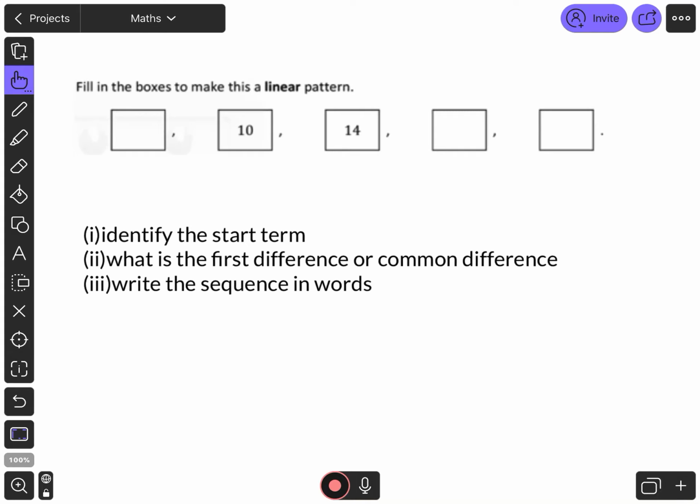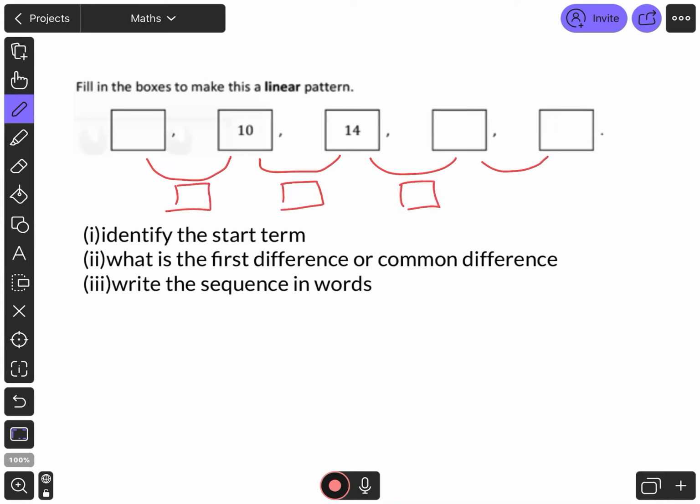To fill in the boxes of the linear pattern, I have to draw in my loops. The loops go from one to the other. And what I draw then is boxes underneath these loops. In the boxes, I'm going to put in what's called my first difference.